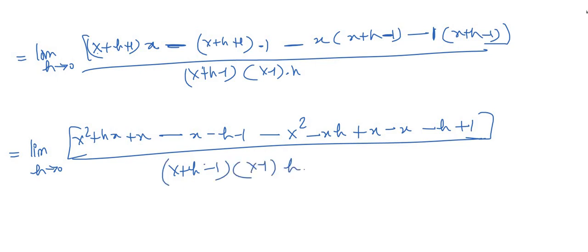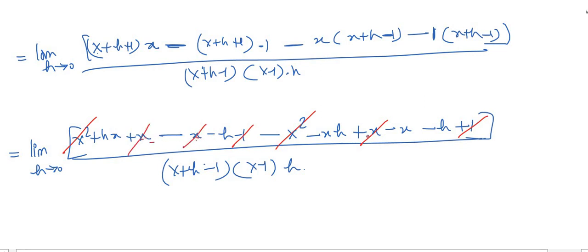Is anything cancelling, let me see. I think this x square will cancel, correct? This 1 will cancel, then this x will cancel, x minus x is cancelling, and here x minus x is cancelling. Okay? Now what is left over?